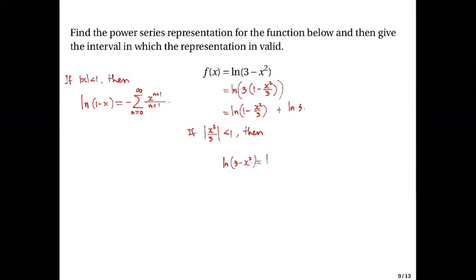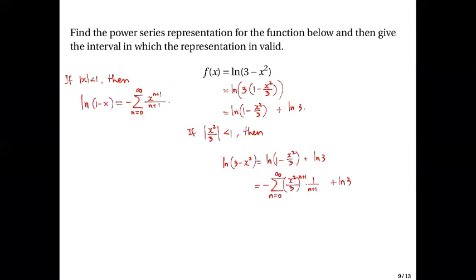This is equal to ln of 1 minus x squared over 3 plus ln of 3. This is equal to negative sum from n equals 0 to plus infinity of x squared over 3 raised to n plus 1 times 1 over n plus 1. Then on the outside, you have ln of 3.